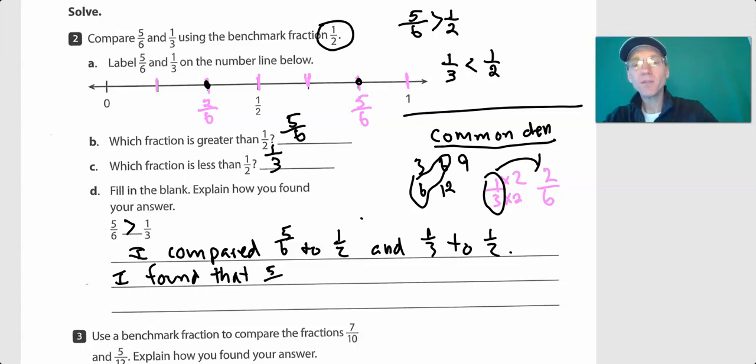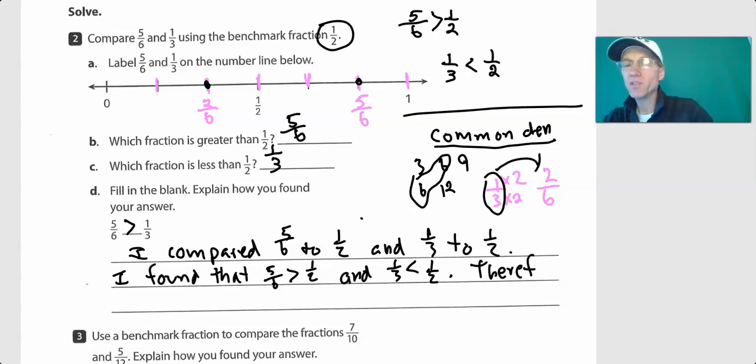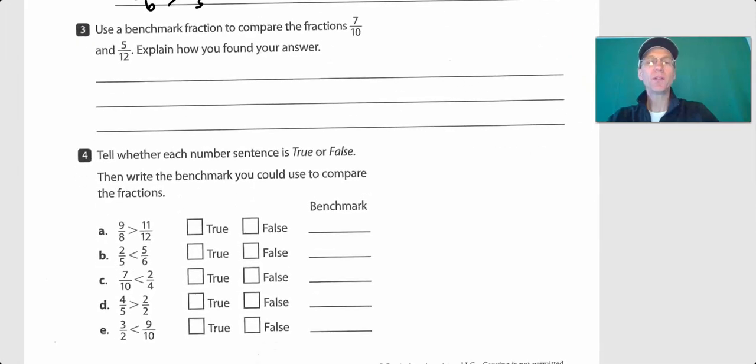I found that 5/6 is greater than 1/2 and 1/3 is less than 1/2. Let's use the big word. Therefore, instead of saying so, it's therefore 5/6 is greater than 1/3. Ta-da! That's it. Okay, let's keep going here.